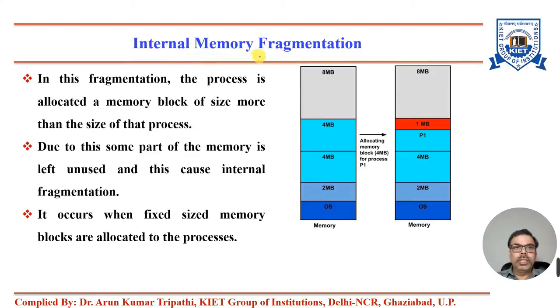Firstly, I am going to discuss internal fragmentation. In this fragmentation, the process is allocated a memory block of size more than the size of that process. I am repeating: the block size is larger than the size of the process, so the process can be accommodated in it.